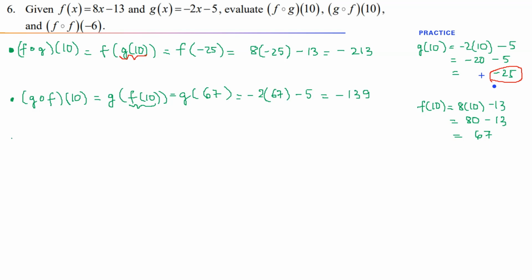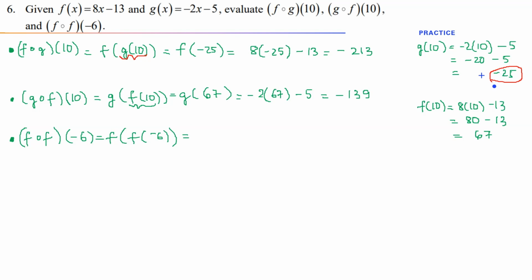Okay, so the last one. Now we have the composition of f of f of negative 6. That will be f, the first one, and then the inside is still f of negative 6.